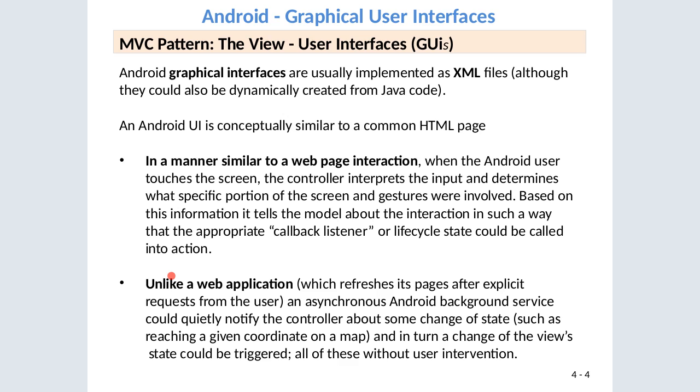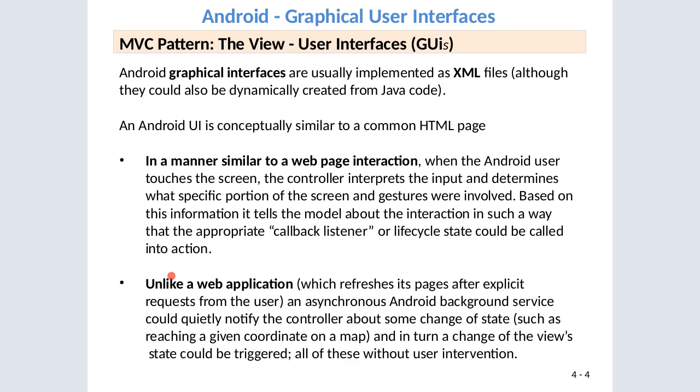For example, you can have a table tag, and inside the table tag I'll have rows, and inside a table row I'll have table data. So that is the same case. In a similar manner, that's how your Android user interfaces will be organized.